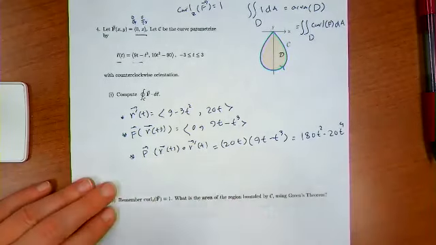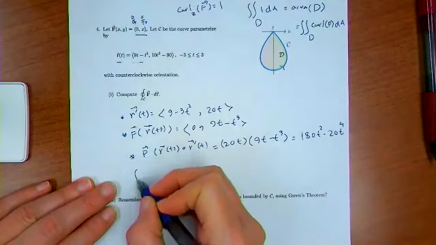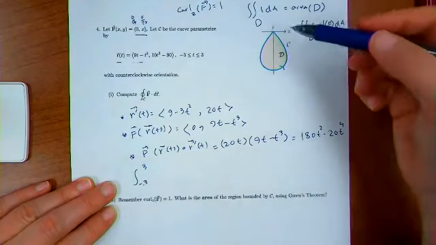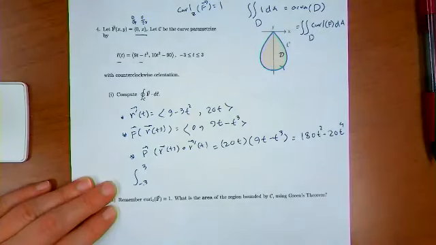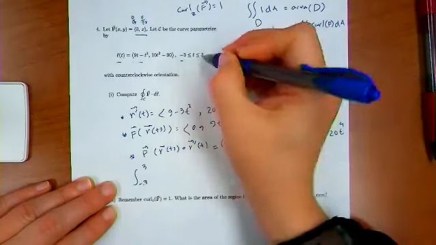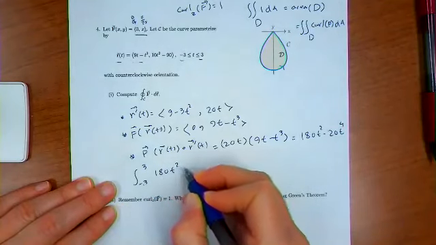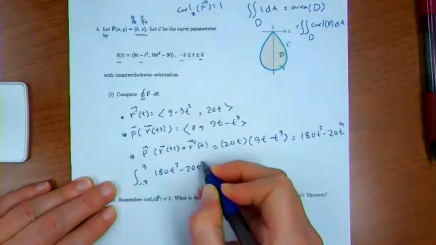Then take the integral from -3 to 3. Basically, from -3 to 3, you go one full round and come back where you are, and -3 and 3 come from here. And so 180 t squared minus 20 t to the power.